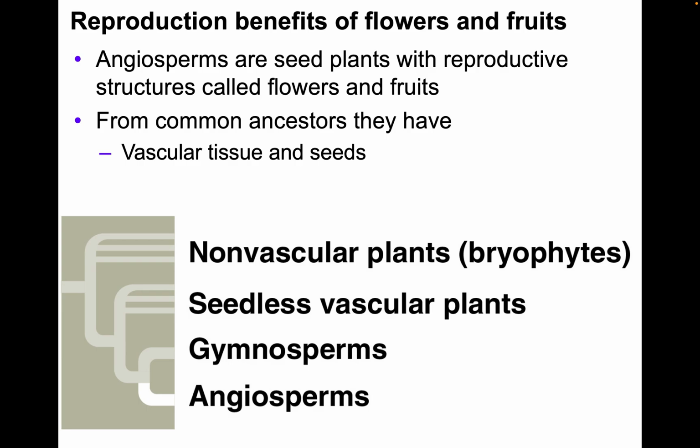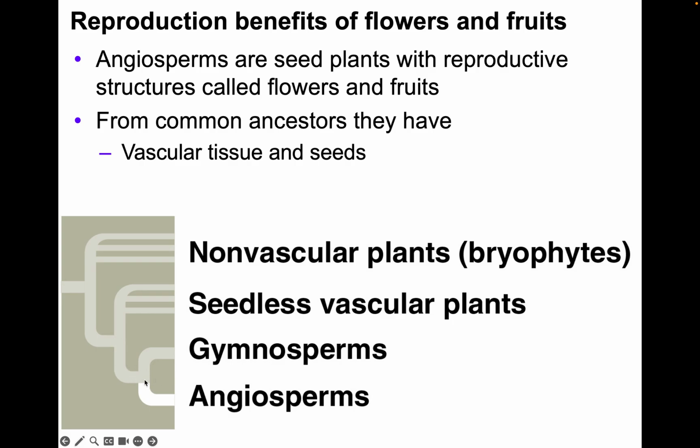Just like gymnosperms and our vascular seedless plants, they have their vascular tissue, and just like the gymnosperms, they have the seeds. So we continue to see this hierarchy of early adaptations that were really good, like vascular tissues, get inherited down the seedless vascular plant route and all the seed plant route.